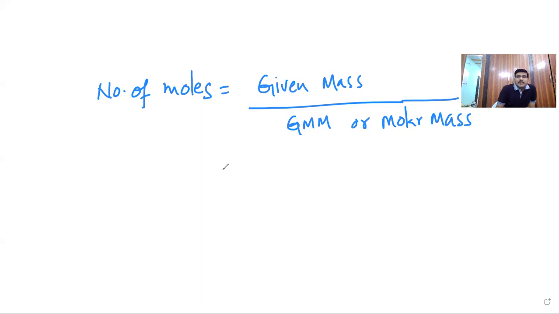What was the given mass? 64 grams of oxygen. What was the gram molecular mass of oxygen? 32 grams. So simply one step answer, 2 moles.